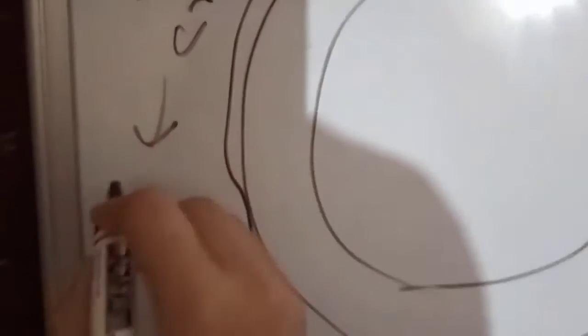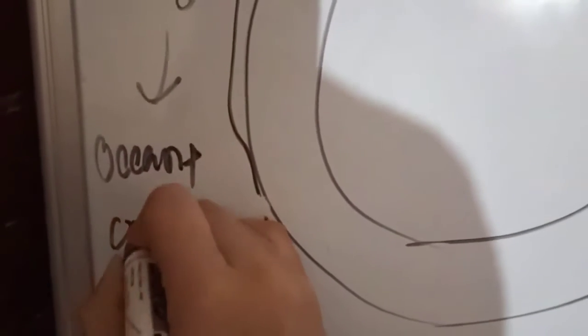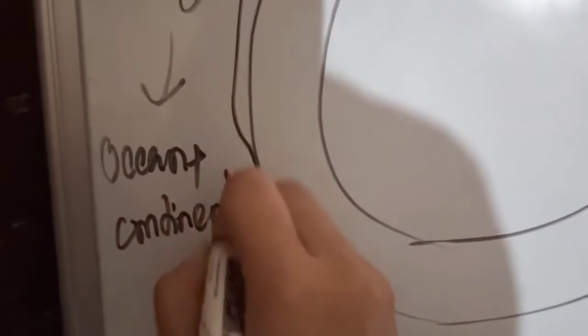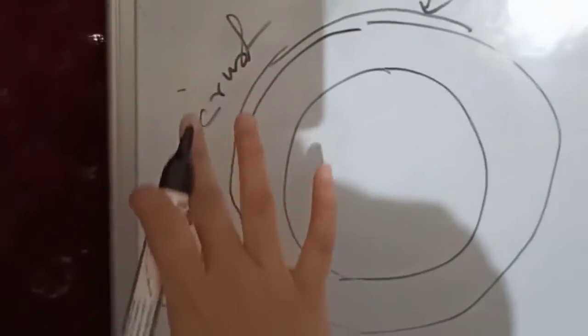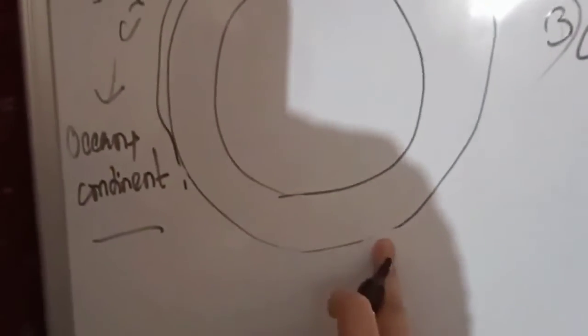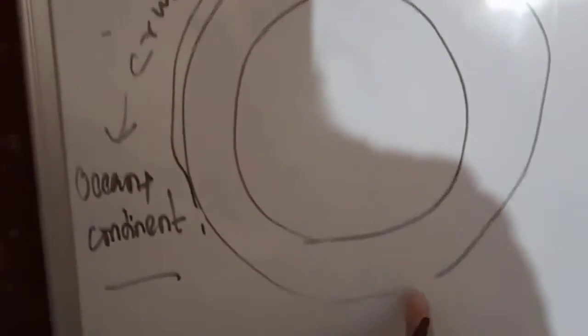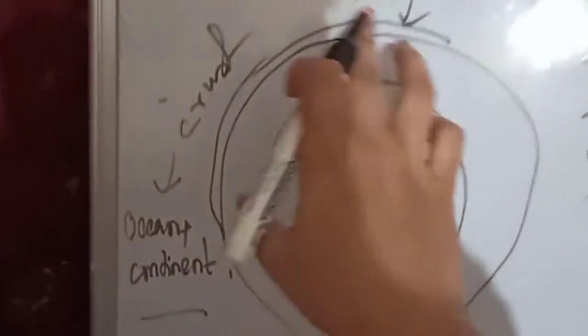The crust comprises both the oceans and the continents. It is the outer portion of the earth on which we live and on which every living organism sustains.